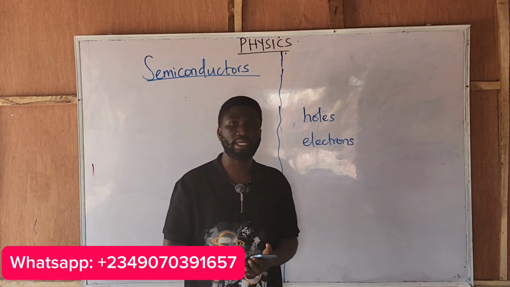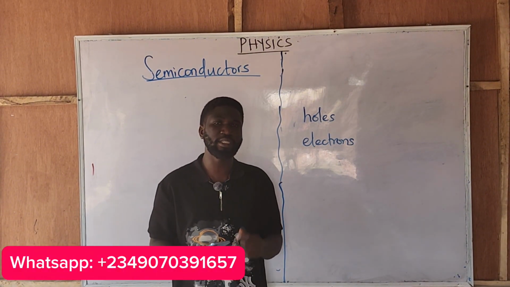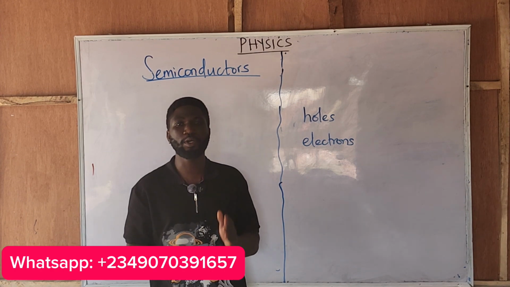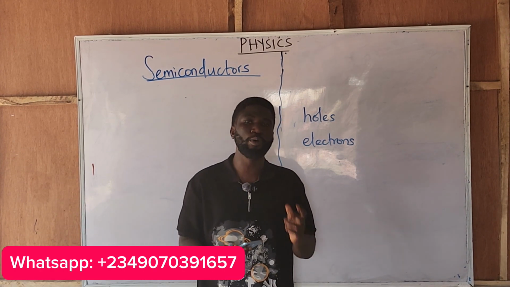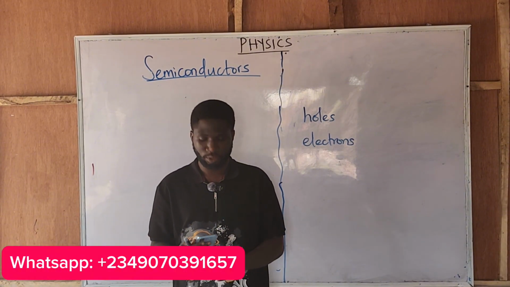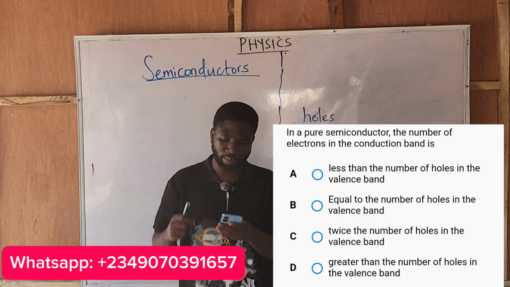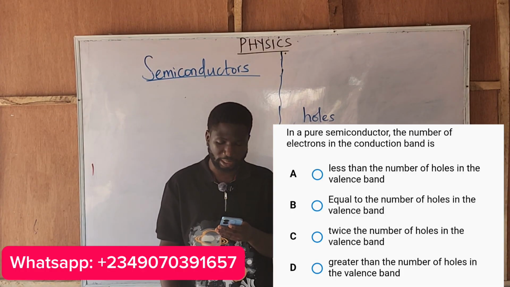The holes are said to be positively charged, and the electrons are said to be negatively charged. So for a pure semiconductor, the number of holes is always equal to the number of electrons. So the right answer then is option B, equal to the number of holes in the valence band.